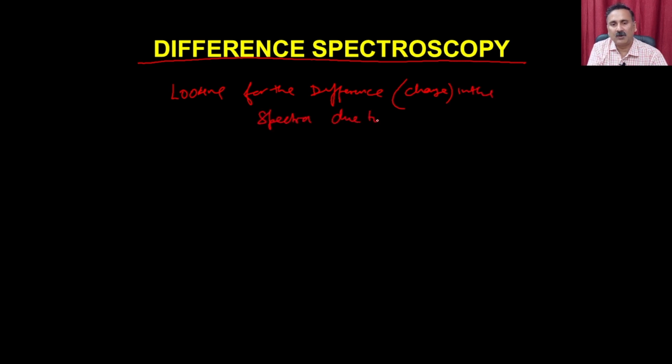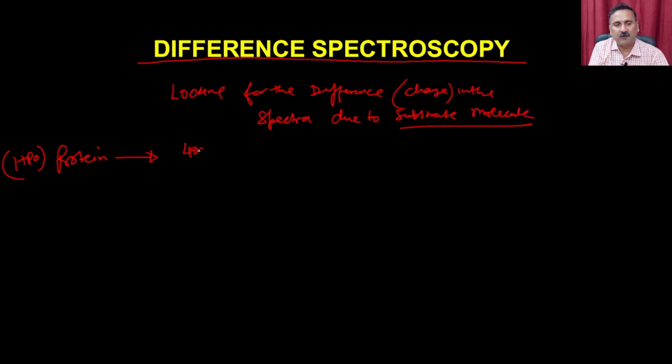So what do we mean by difference spectroscopy? Difference spectroscopy means that you are looking for a difference, the change in the spectra due to the substrate molecule. For example, if I have a protein, say HPO, which we have taken as an example, and it absorbs at 400 nanometer.